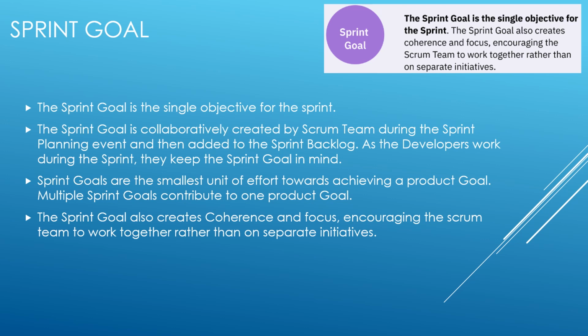If the work evolves and it is not what they expected, they collaborate with the product owner to negotiate the scope of the sprint backlog within the sprint without affecting the sprint goal. The sprint goal does not change during the sprint, but there are exceptional cases where the sprint may be cancelled.